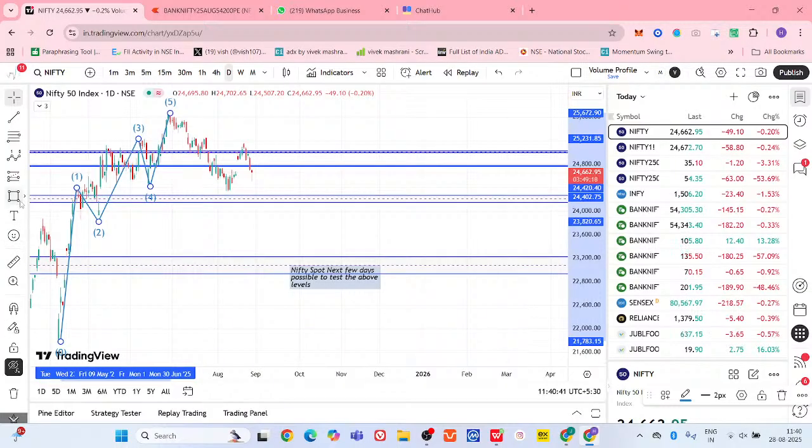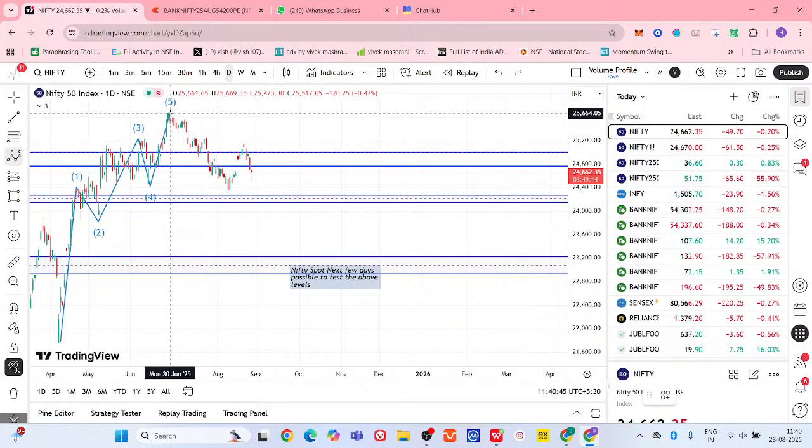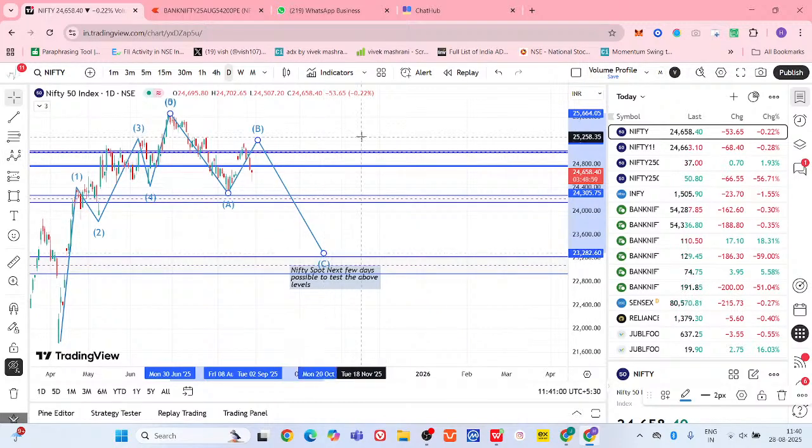Now, a correction. This is a correction we have done. Maybe it's already done, or maybe it will come here and this. Maybe this and then this. Let us see.